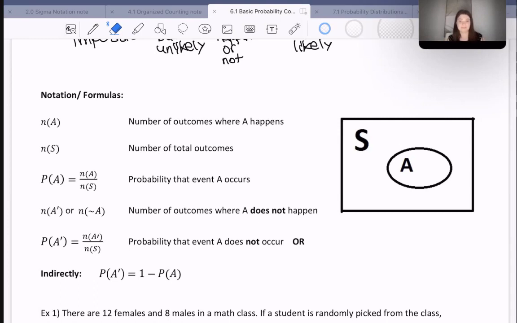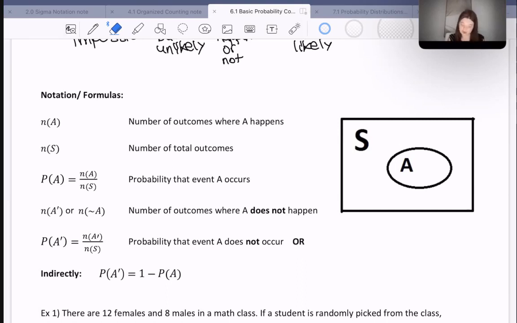Now, these two notations, A prime or not A, are the number of outcomes where A does not happen. So this is the opposite of where A does happen. It's all the cases where A does not happen, right? Then we have the probability of A prime, and that is going to be the number of cases where that event does not happen over the total number, or the sample space.